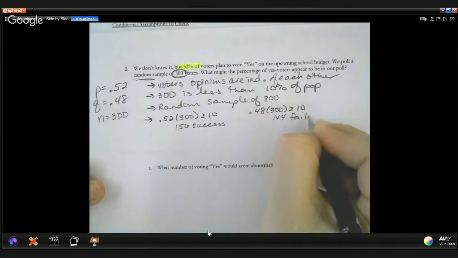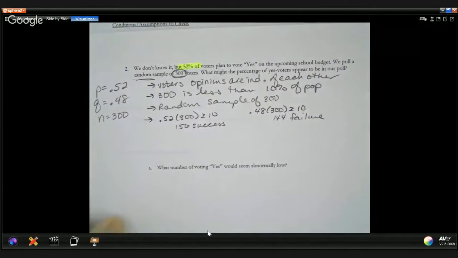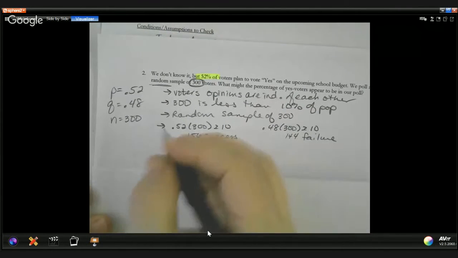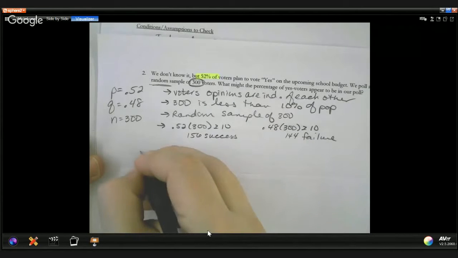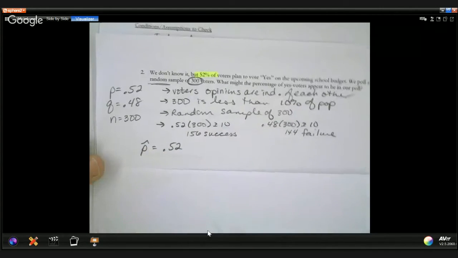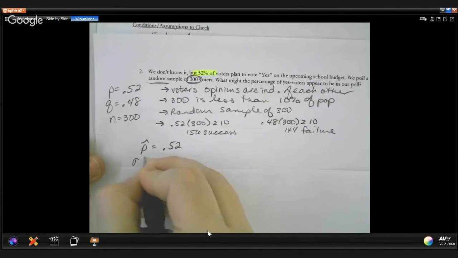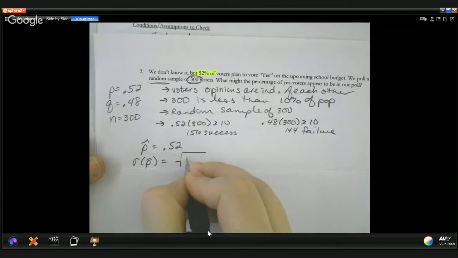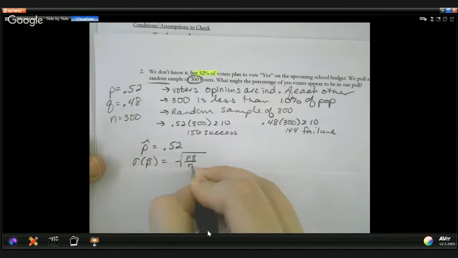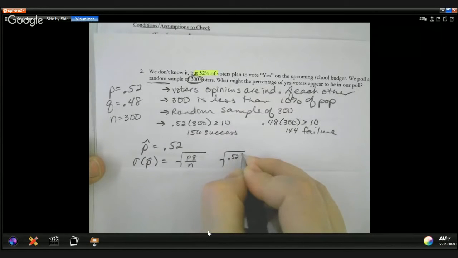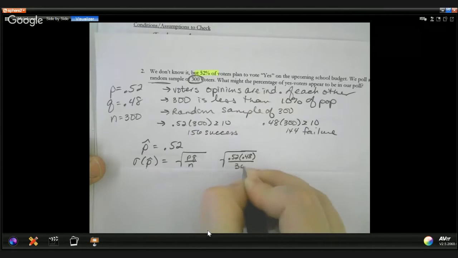And so I'm going to cover up the second question again. I keep not leaving enough space. And so we need to find our predicted mean, which stays the same at 52%, and then our standard deviation for our prediction, which is the square root of PQ over N. And so it's the square root of 0.52, 0.48, and 300.